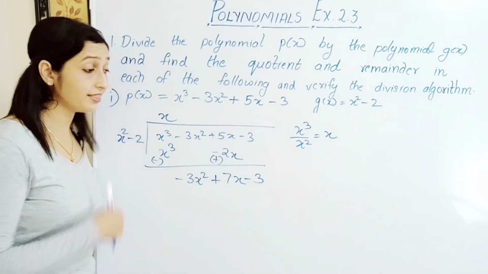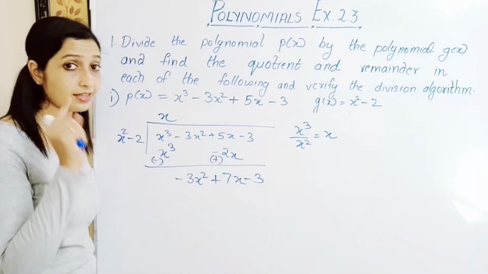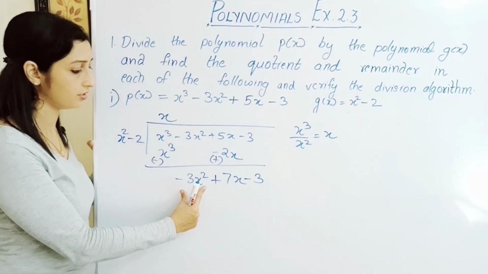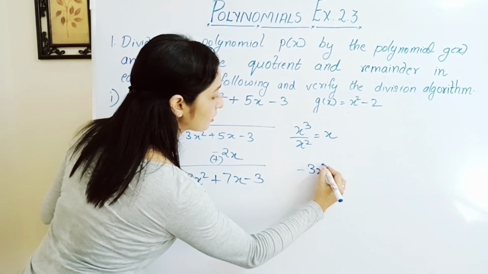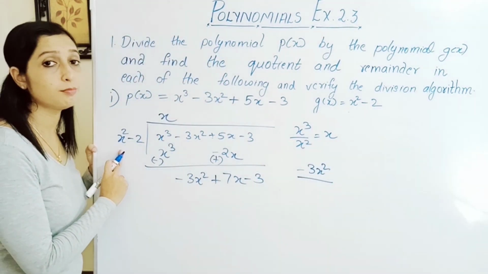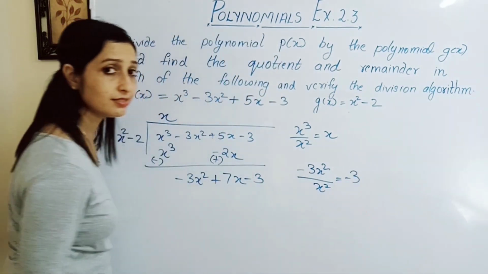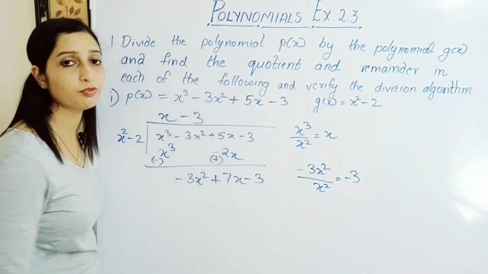Now, how do you find the second term of the quotient? For that, we divide the first term of our remainder, which is minus 3x square, by the first term of our divisor, which is x square. And so we get the answer as minus 3, which will be our second term of the quotient.